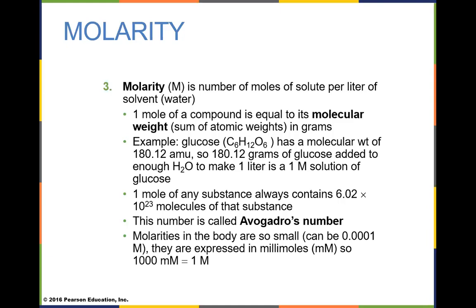That's a lot. So it doesn't matter if I have a solution of sodium chloride, glucose, or sucrose, the number of particles in each one will be exactly the same. They call this Avogadro's number, because apparently this chemist years ago calculated all this out.